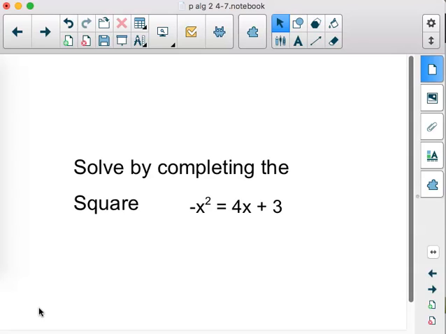But if you have, like I had 3 sections of Algebra 2, it kind of scrambles everybody together. So write this one down somewhere. I'm going to go ahead and give you a breakout room, and then I'll eavesdrop on you and see if we can remember how do we solve that by completing the square.